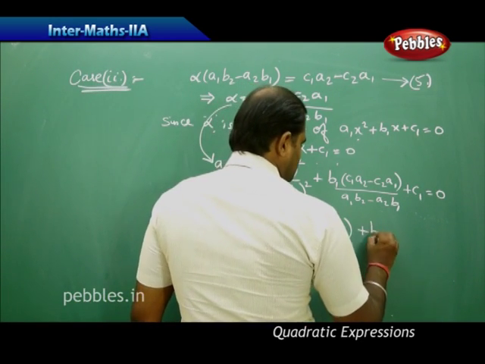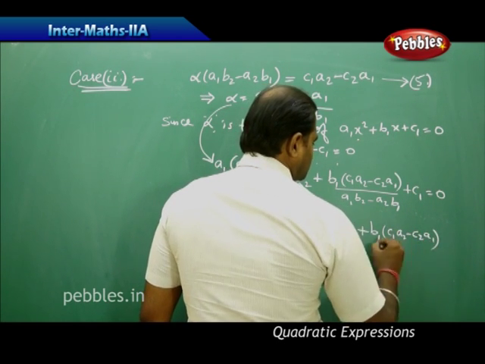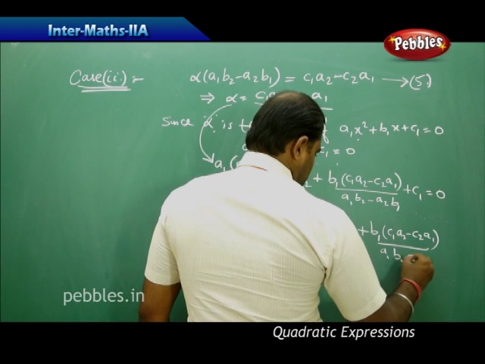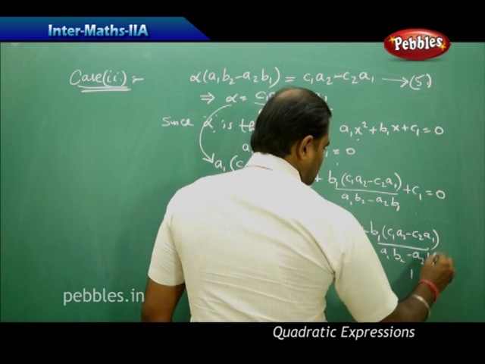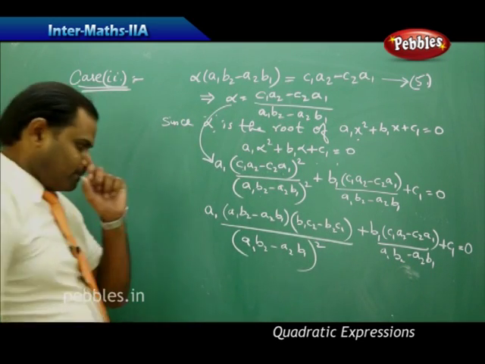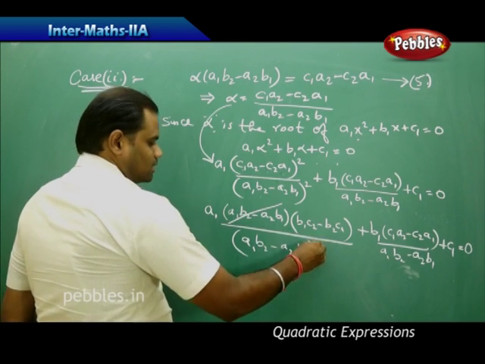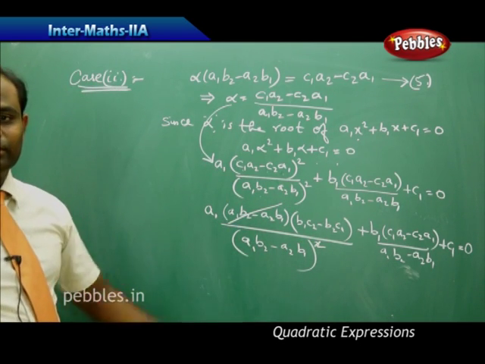Then next, this is written as it is, (c1a2 minus c2a1) by (a1b2 minus a2b1) plus c1 equals 0. Now we see that one of the common factors is cancelled from both numerator and denominator.